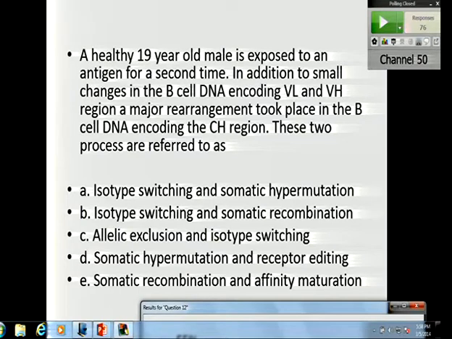What would that be? Isotype switching, isn't it? Both these events can take place after the second encounter with the antigen. When IgG antibodies are produced, there is an isotype switch, and the antibody binding region will have a better affinity. So these are two changes that take place after the encounter with the antigen.